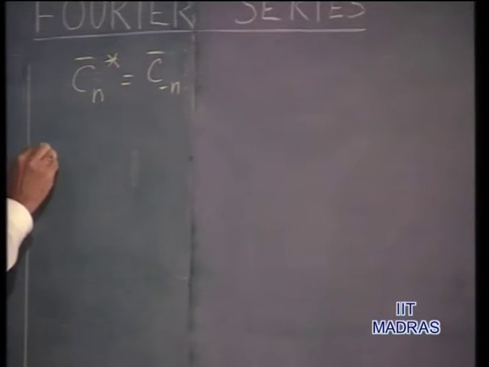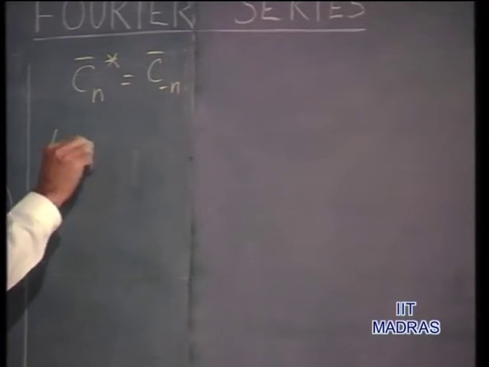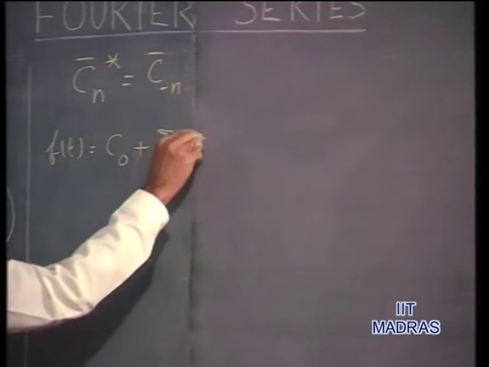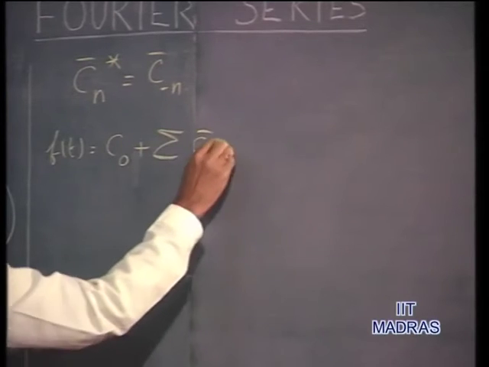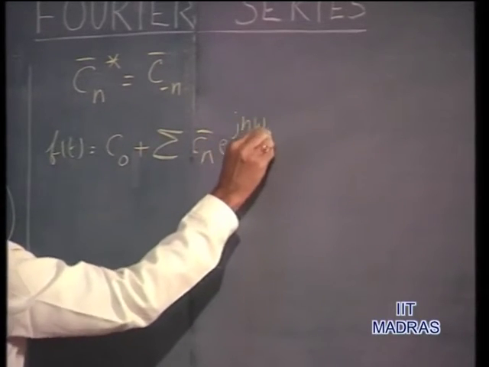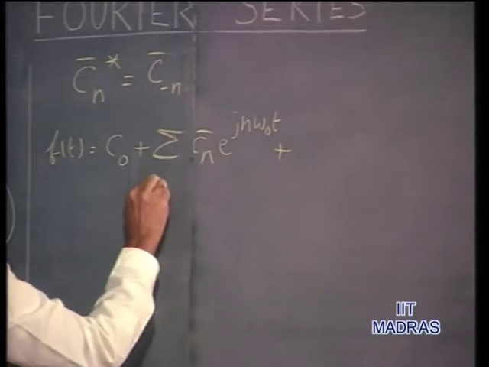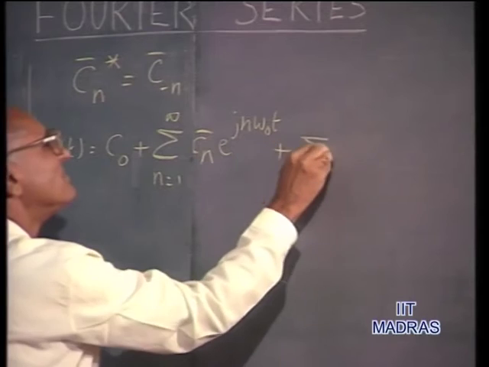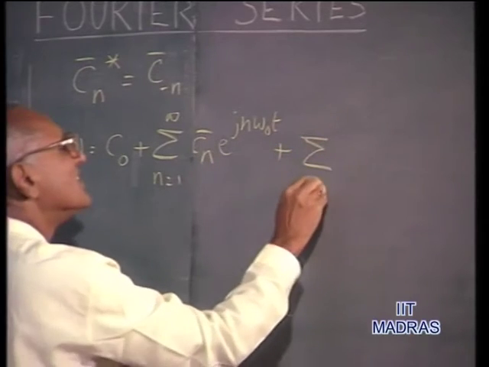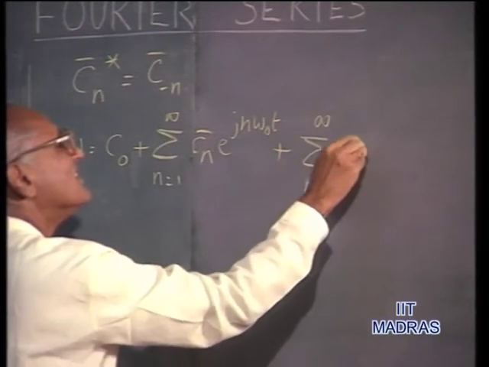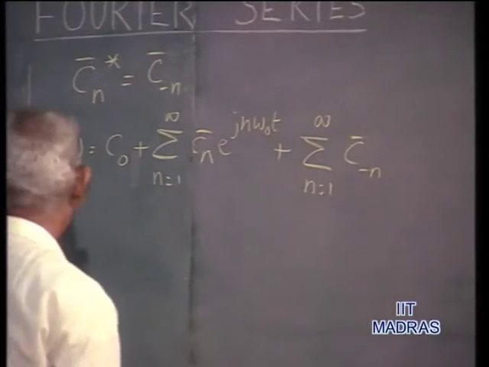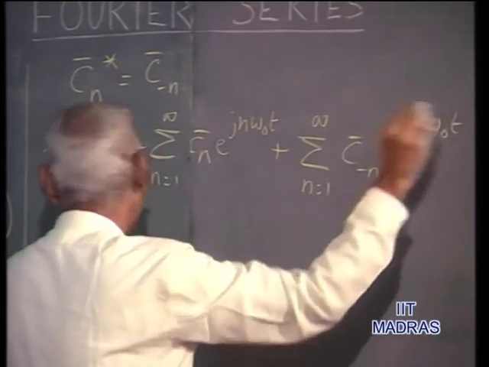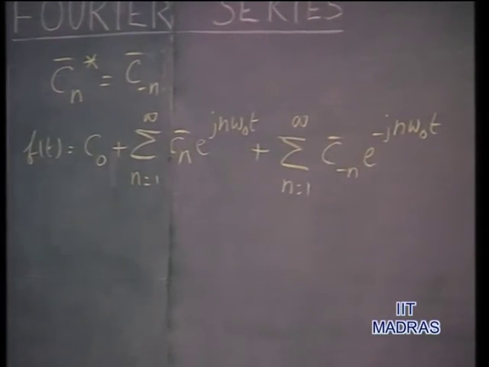Then we have f of t as C naught plus C n e to the power of j n omega naught t, n ranging from 1 to infinity, plus C minus n e to the power of minus j n omega naught t.